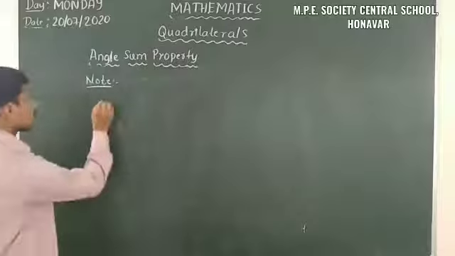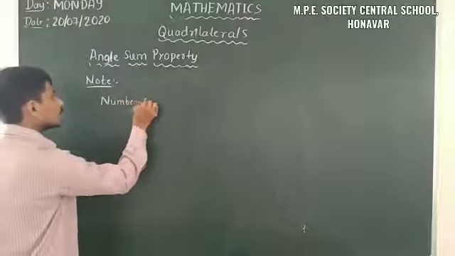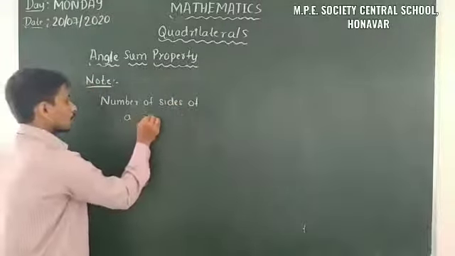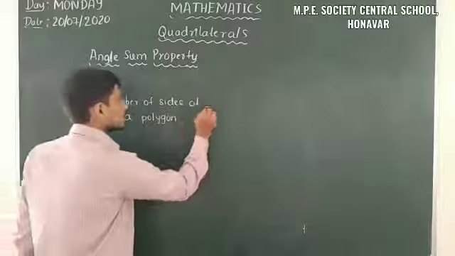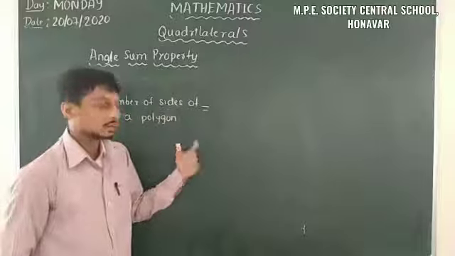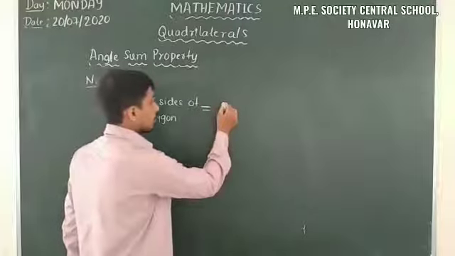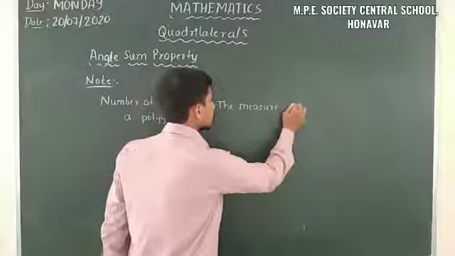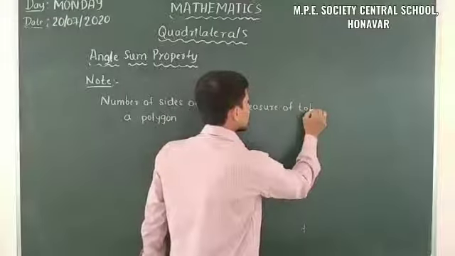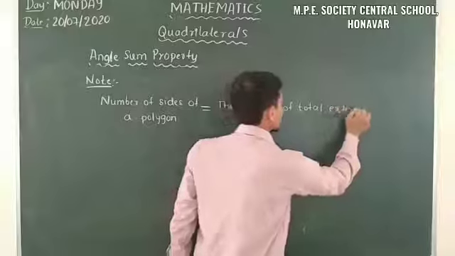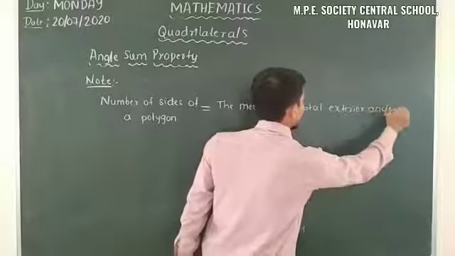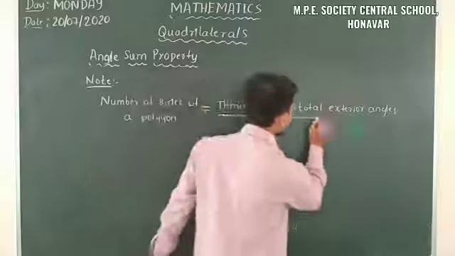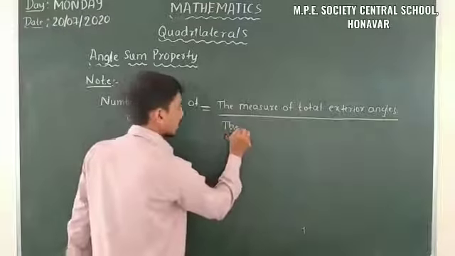So the number of sides of a polygon is equal to the measure of total exterior angles, so all the exterior angles we have to take the measure of, divided by the measure of each exterior angle.